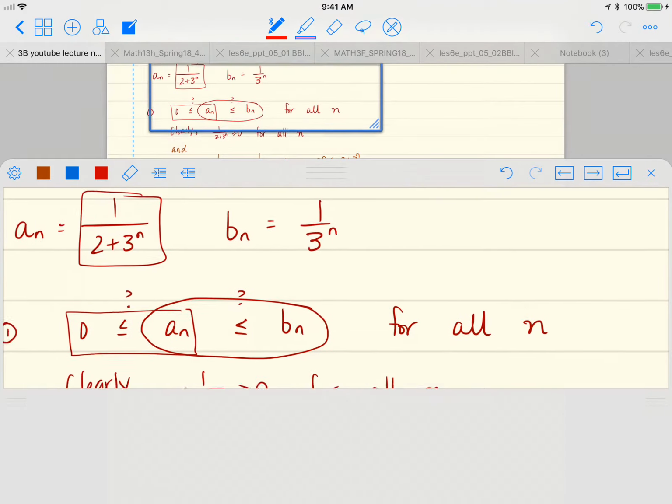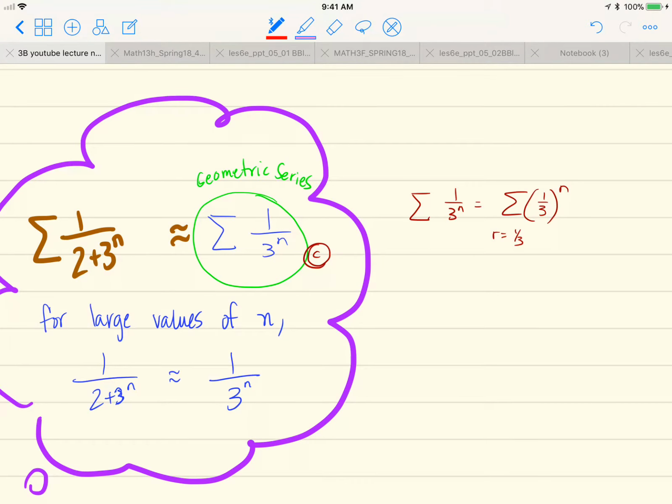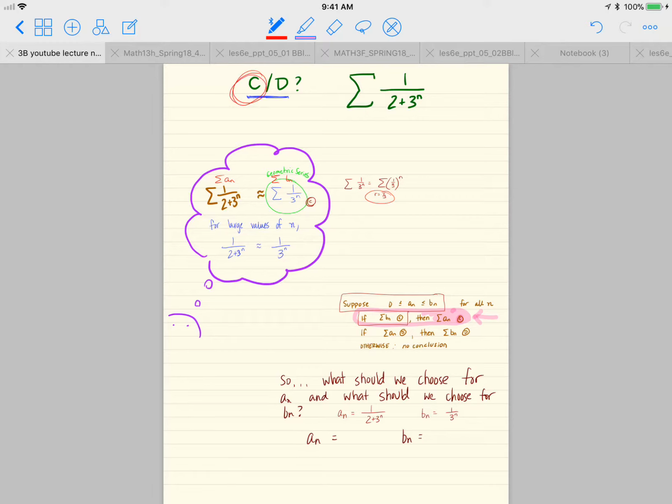Because remember, that's part of why we chose this to be our b sub n series: we said this is going to be a geometric series and the ratio is going to be 1/3. So the answer is that it converges, and it converges by the direct comparison test with the series with the terms 1 over 3 to the n. That's it.